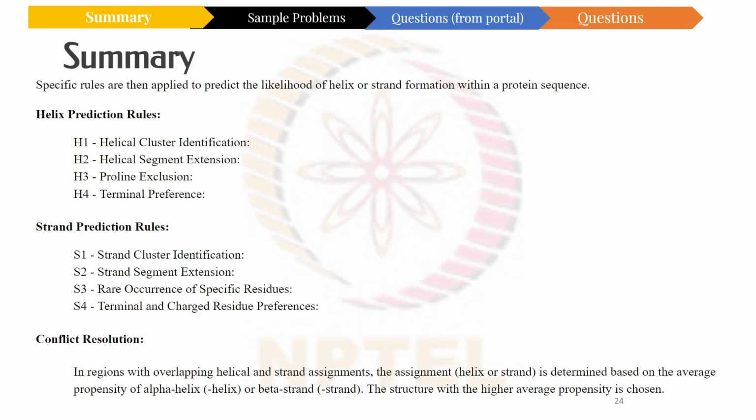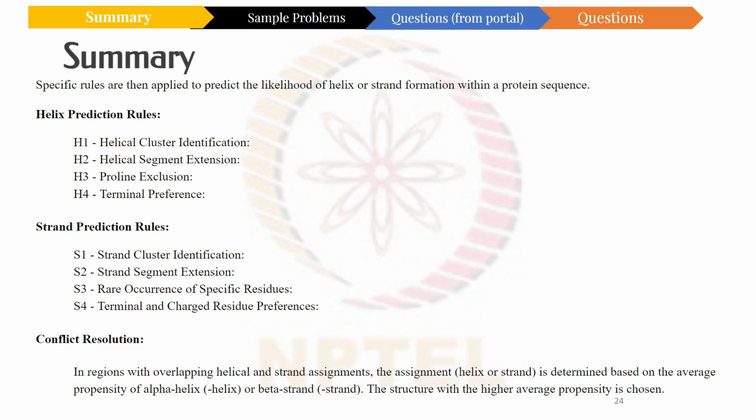Then finally we have conflict resolution. In regions with overlapping helical and strand assignments, the assignment is based on the average propensity of alpha helix or beta strand. The structure with the higher average propensity is chosen.